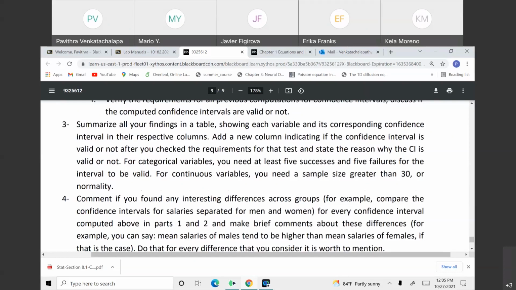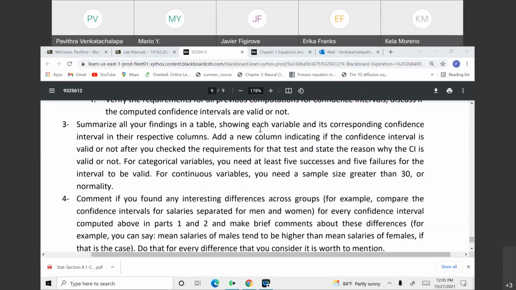If it is not valid, then N will be less than 30. Okay, that is for continuous variables. So for categorical variables, you need at least 5 successes. That means n times p, small n and p, should be greater than or equal to 5.